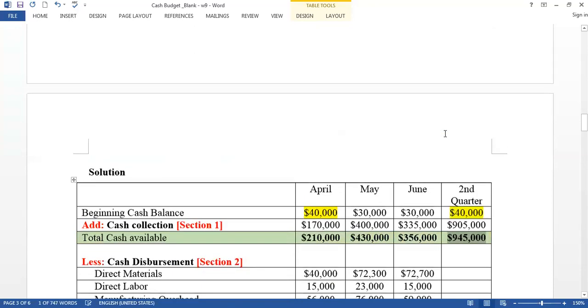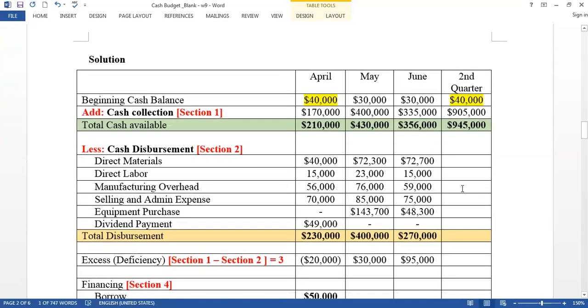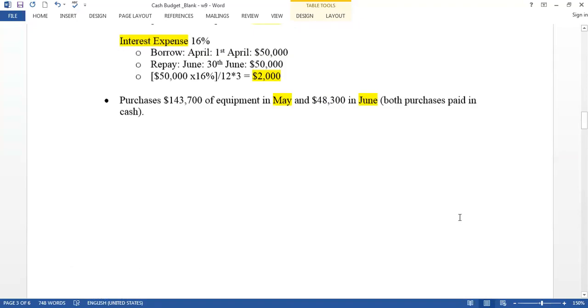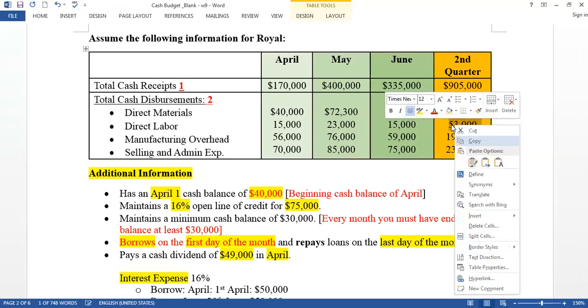Clear? Then you can see the question gives you the total direct materials payment for this quarter: $185,000. $185,000 is the total payment for direct material in this quarter. Then direct labor, $53,000.